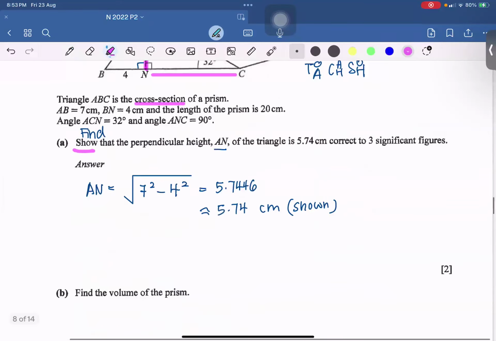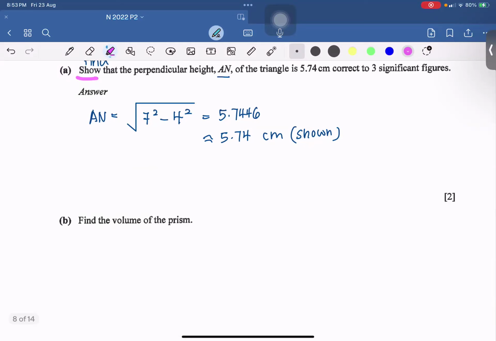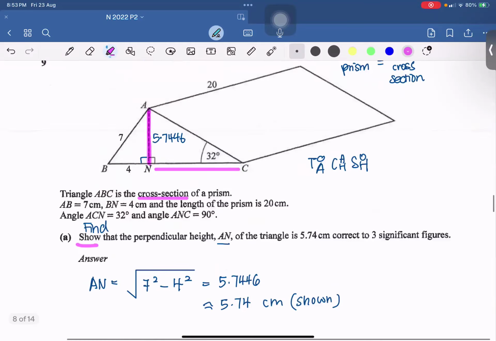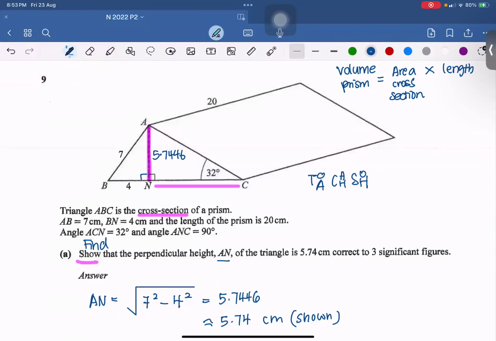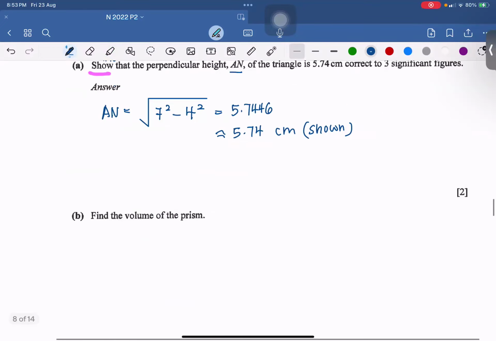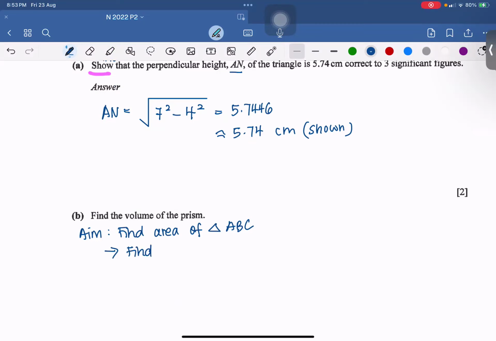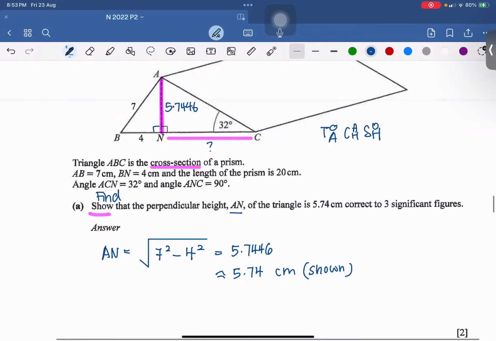So let's take a look at the question. Find the volume of the prism. So that means my first target, I need to find the cross-section area. My aim is to find the area of triangle ABC. But to find the area of triangle ABC, I need to first find the length of NC.